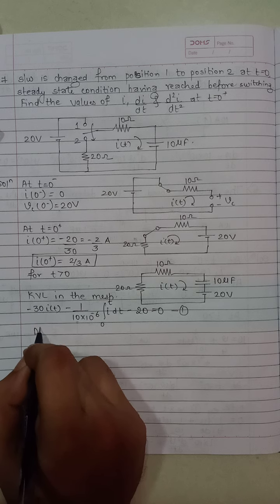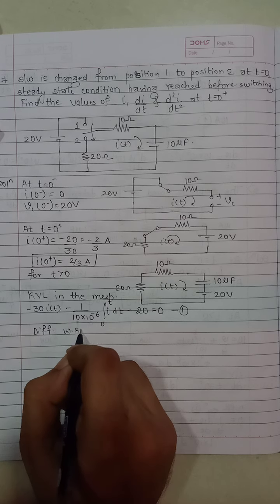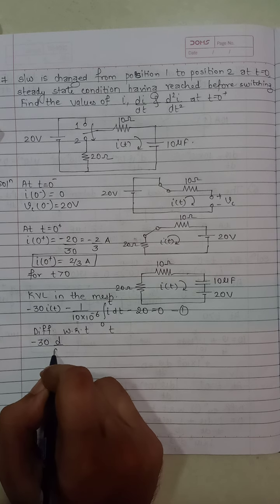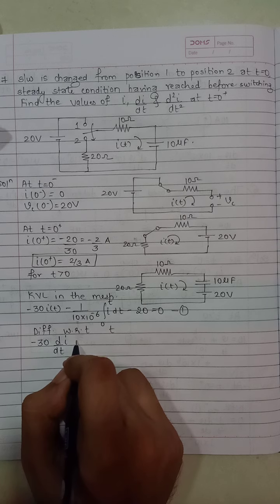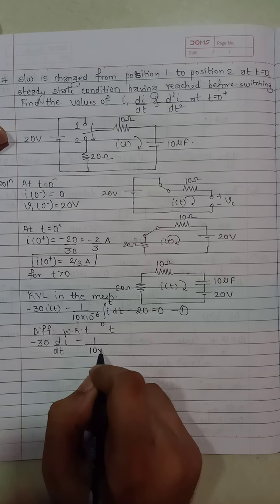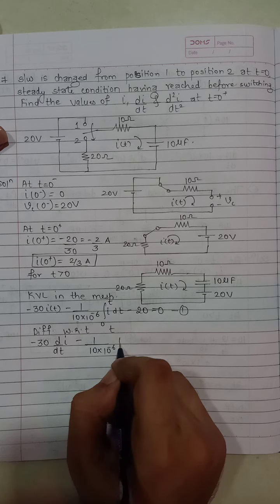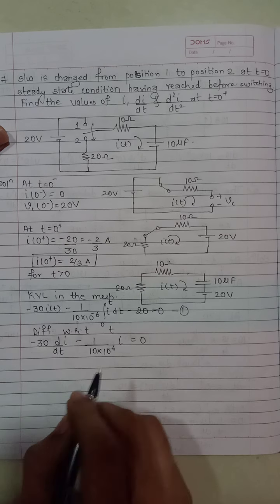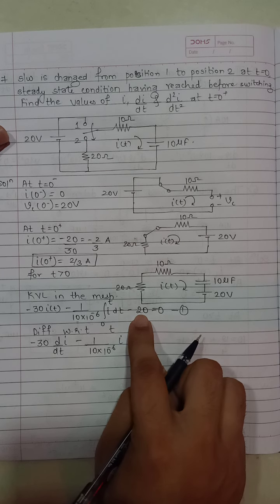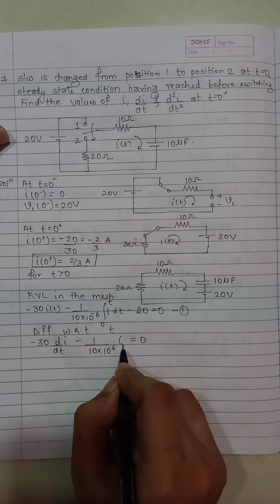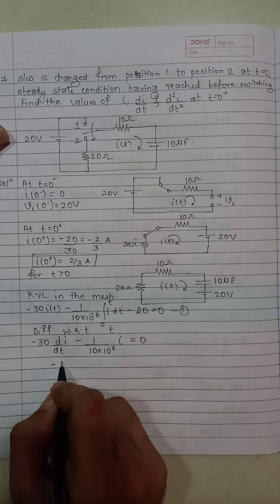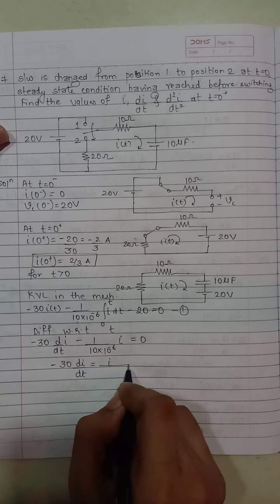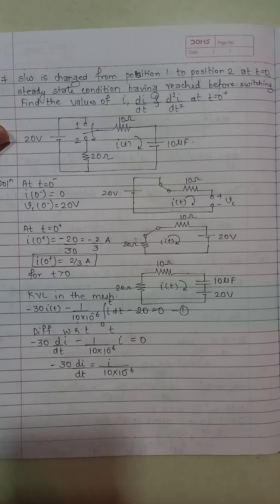I'll differentiate it with respect to t. So it will give me minus 30 di by dt, then minus 1 upon 10 into 10 raised to minus 6 i is equal to 0. This constant will get to 0. So I know i at 0 plus, so I can find minus 30 di by dt will be i upon 10 into 10 raised to minus 6.